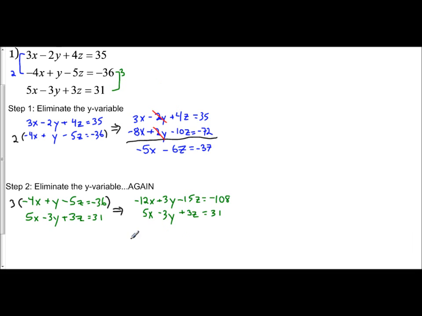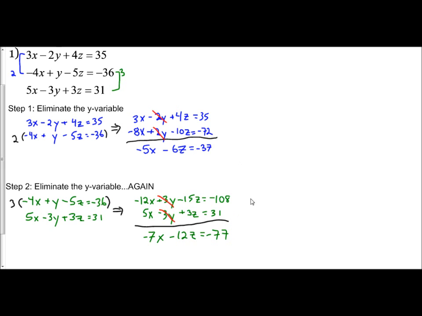And I create opposites so I can add my two equations together. 3y, negative 3y, cancel. So negative 12x plus 5x is negative 7x. And negative 15z plus 3z is negative 12z. And negative 108 plus 31 is negative 77.